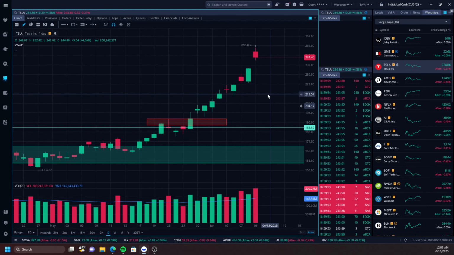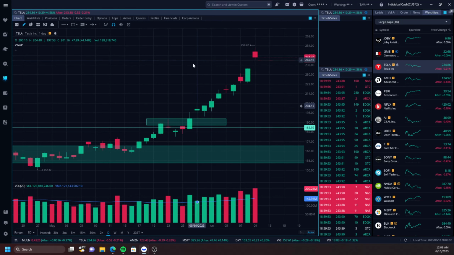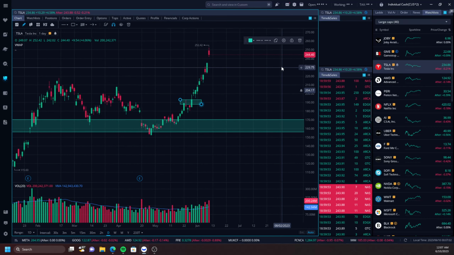So I could put it about there. So say if we come back down and we close below the supply here, which should turn into demand, right? This supply should turn into demand after we break, which it does. You see it's allergic here. Then I'm out of the stock. That's basically how you do basic risk management 101 with supply and demand.